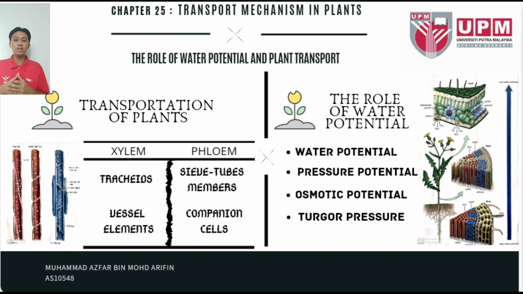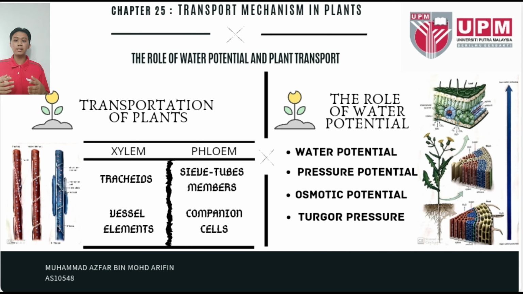Phloem contains two types of cells, which are sieve tube members and companion cells. Sieve tube members are the conductive cells of phloem that contain sieve plates at the end of the walls and have numerous pores, and the pores extend from one sieve tube to the next, so the sieve tube is continuously elongated between them.